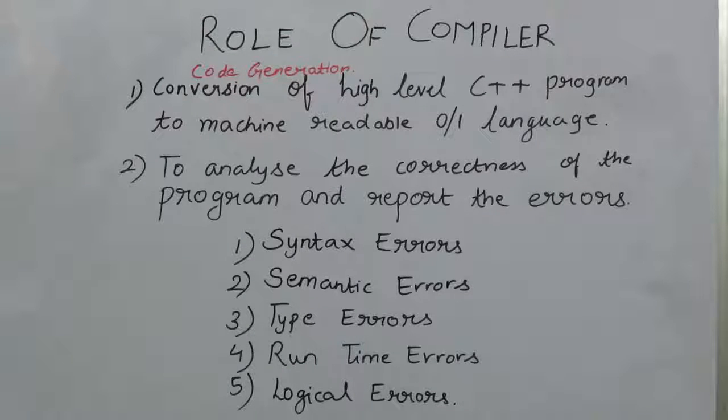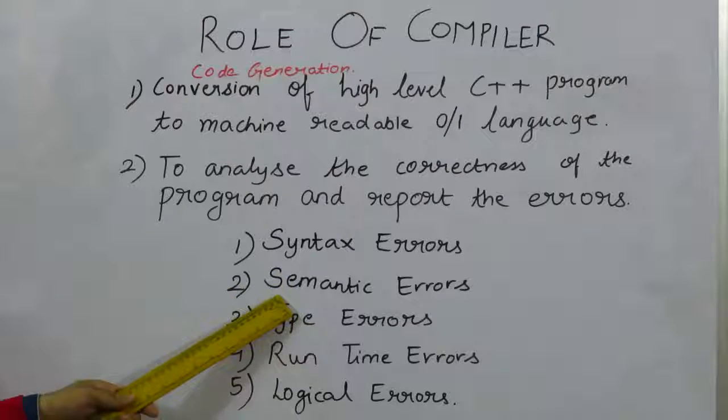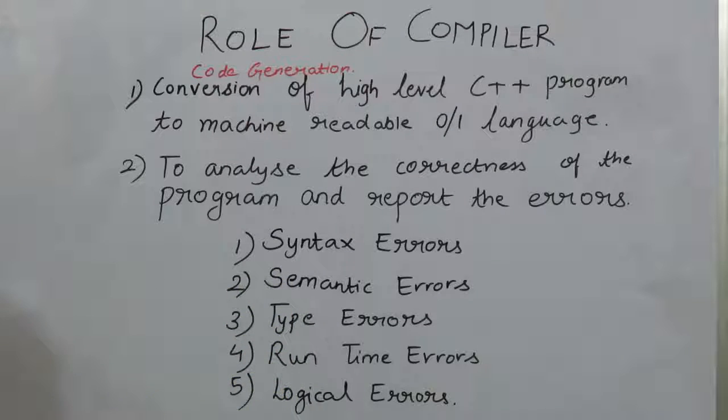But if there are any errors in our program, then it will report us the errors and we have to correct those errors, then only we can move further. There are total 5 types of errors: syntax errors, semantic errors, type errors, runtime errors and logical errors. Now we will see in our next video what they are.